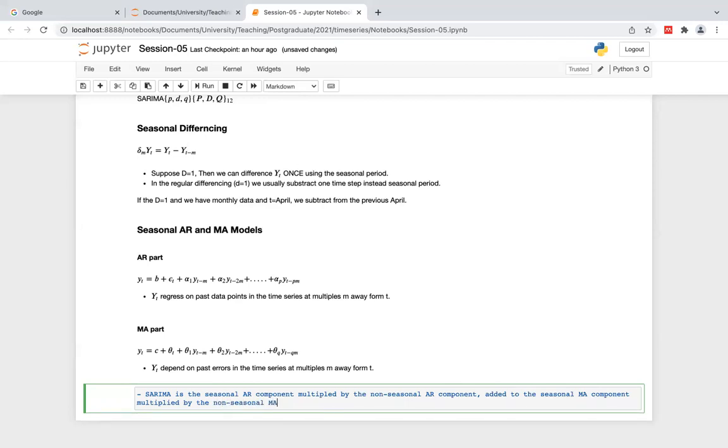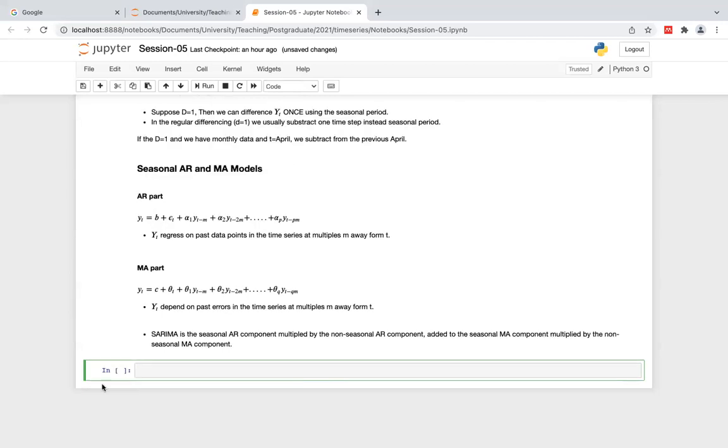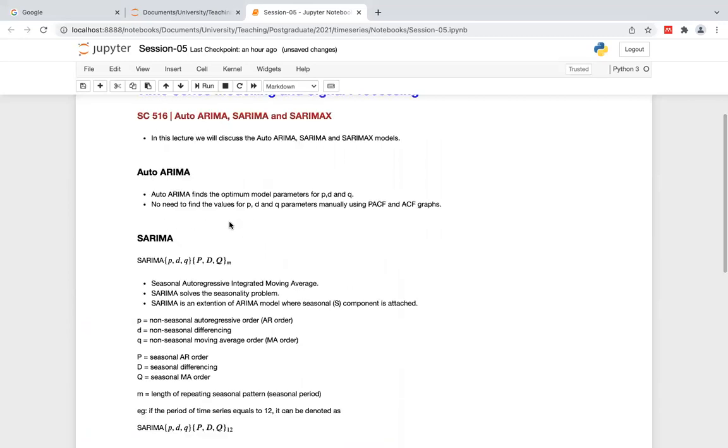Non-seasonal MA component. Then simply, we can write it like this.